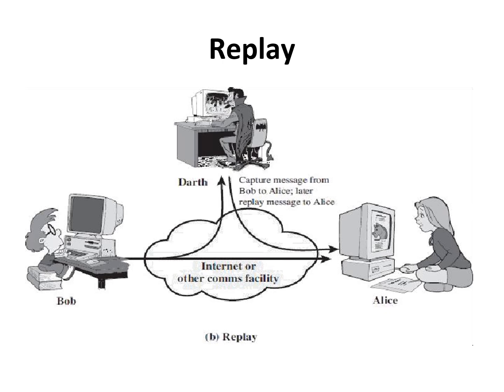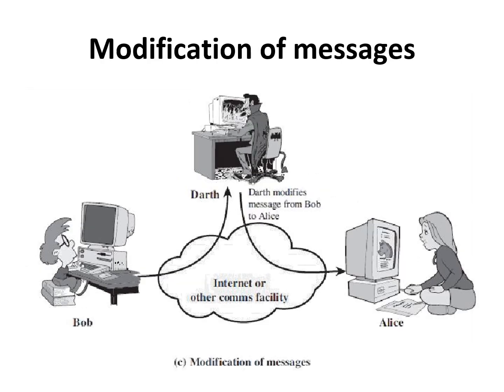So this kind of attack is capturing the message and altering it, and later it is sent to Alice. So this type of attack is called a replay attack. And modification of messages, as we said, the attacker will modify the message, and that is called modification of messages.